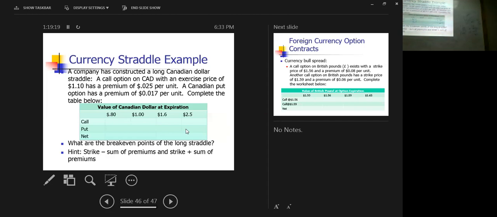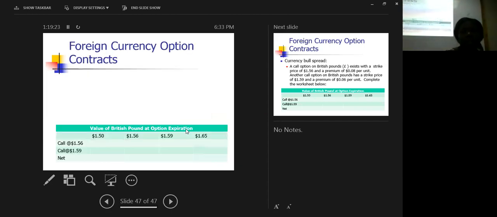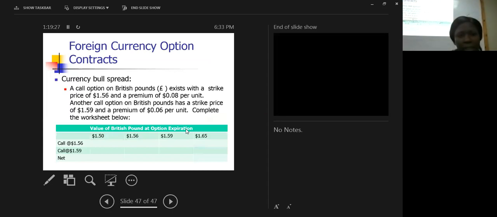All right, any questions? Alrighty. Well, you can try this one on your own at home, right? This is just a netting, like the easy first one I did.